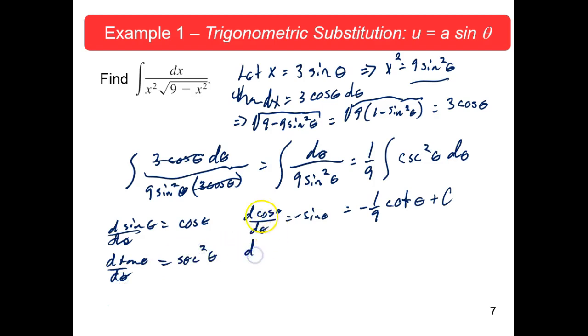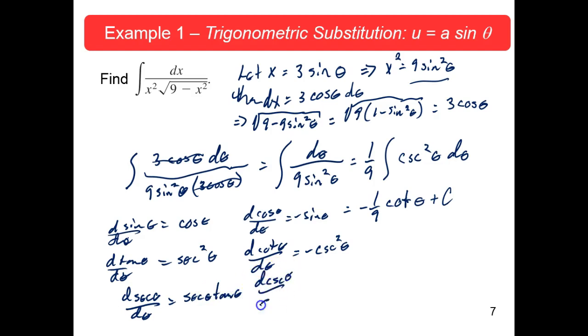So derivative of cotangent is minus cosecant squared theta. And then derivative of secant is secant theta tangent theta. So the derivative of cosecant is minus cosecant theta cotangent theta.